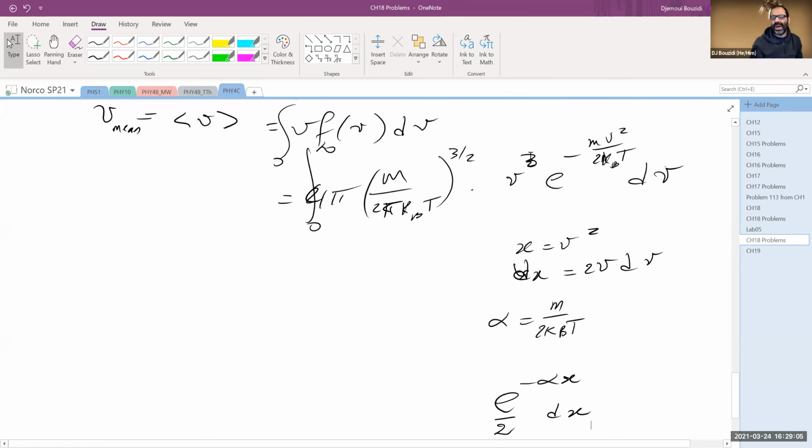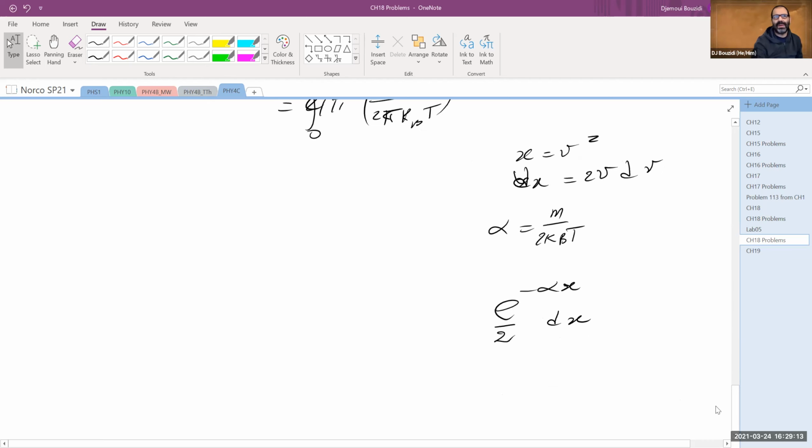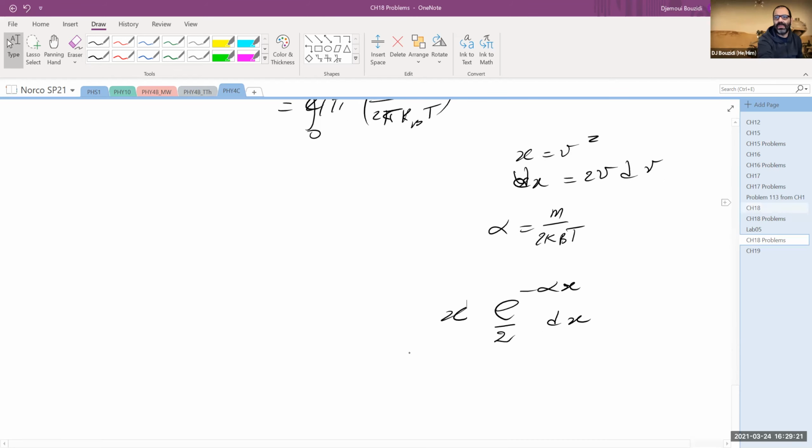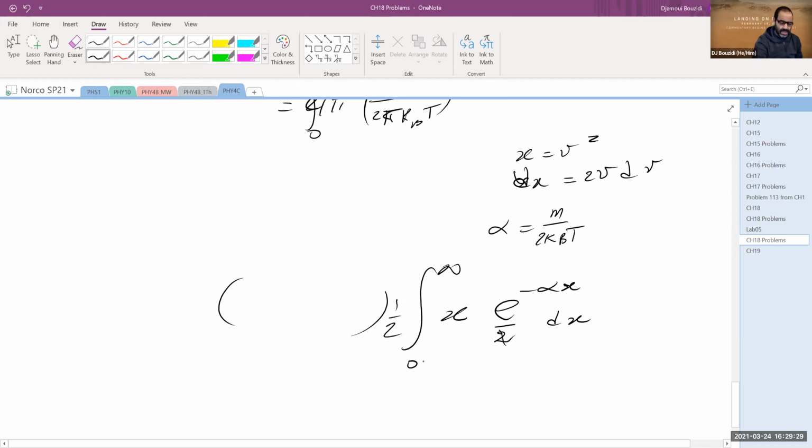Remember, I took one of the v's now in here from the v cubed. v dv is already dx divided by 2, and I'm left with a v squared. v squared is exactly x by my definition. So this is the integral that I'm going to do, plus the rest of the stuff, which is just constant. I'm not writing it in here. So the integral in here is going to be from 0 to infinity, plus the other stuff that I'm not writing. And the 2 actually becomes part of the other stuff that is also out there. So we're going to have the integral with n equals to 1.